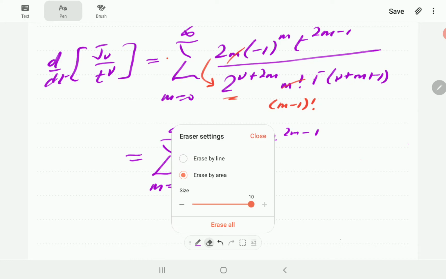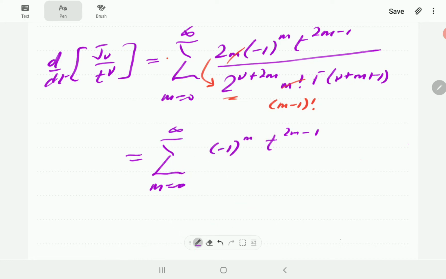Because of the m here, even before we cancel, so I'm just going to redo this. Before we cancel there, we've got m factorial and m there. So this term is now 0 when m is 0 because of that m there. So our lower summation index is going to have to go up to 1.